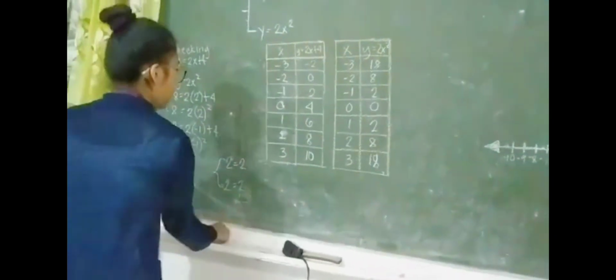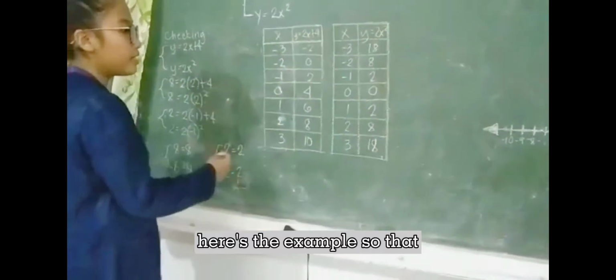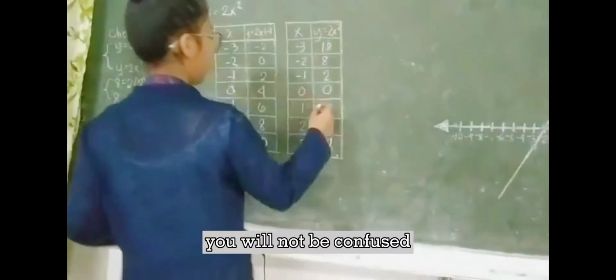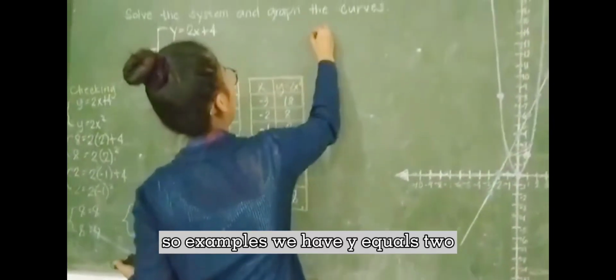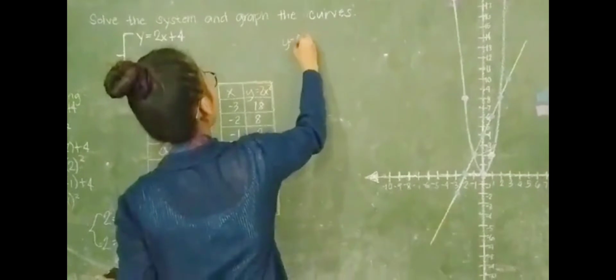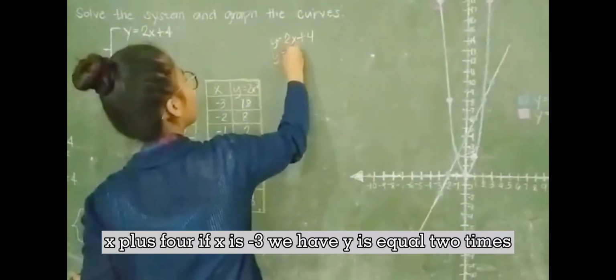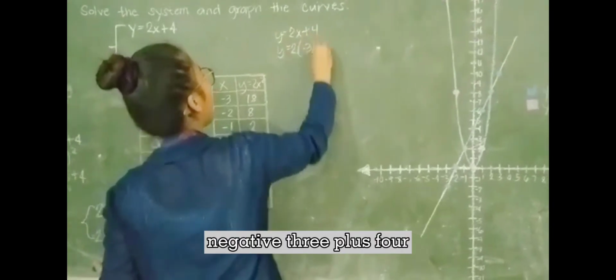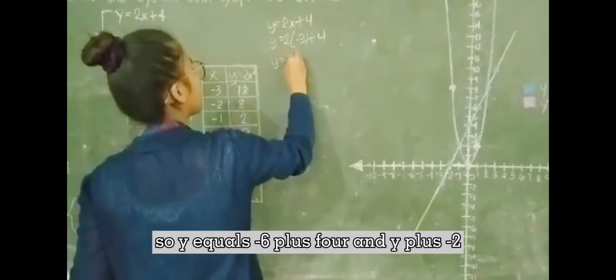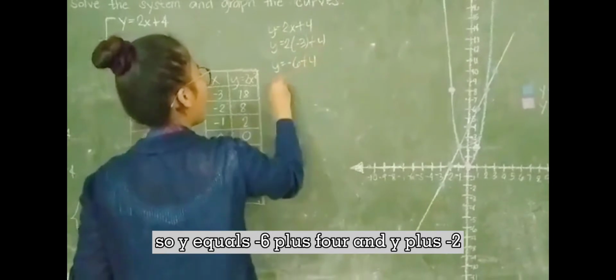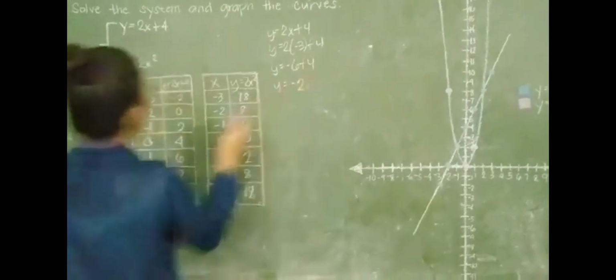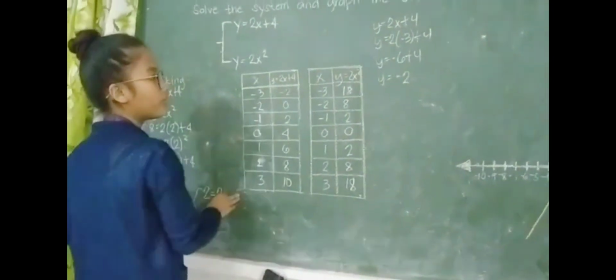So here's an example so that you will not be confused. We have y equals 2x plus 4. If x is -3, we have y equal to 2 times -3 plus 4. So y equals -6 plus 4, and y equals -2. And so on and so forth.